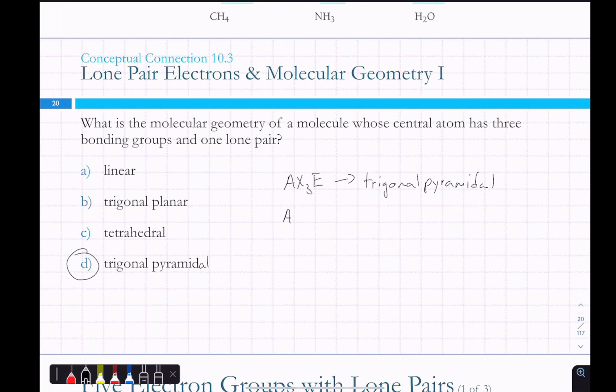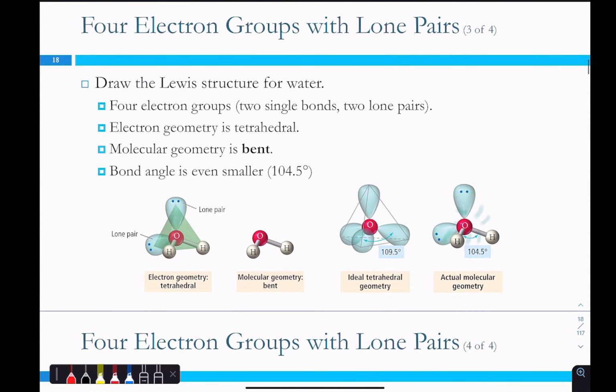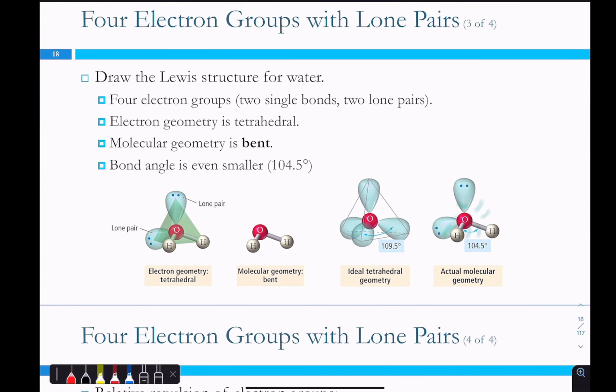What if this was AX2E2? Bent. So it's like water, like up here. So the E means 2 lone pairs. And then the X subscript 2 means that we've got 2 things that are bound to the central atom. So that molecular geometry is bent. Because the lone pairs push the atoms down.